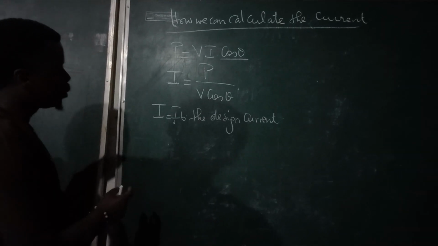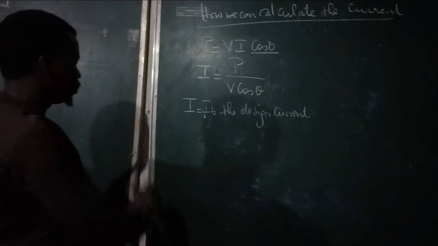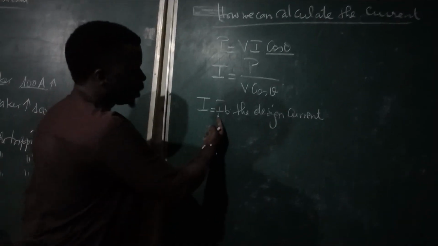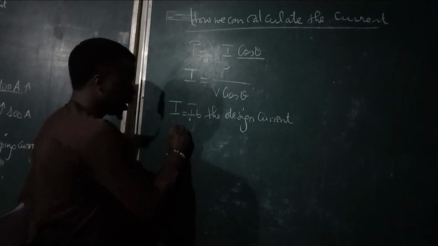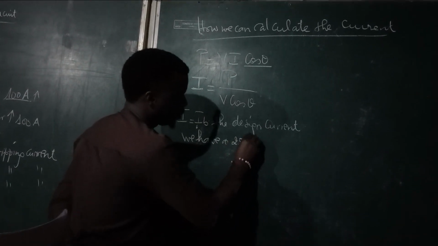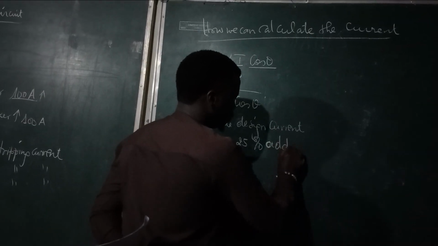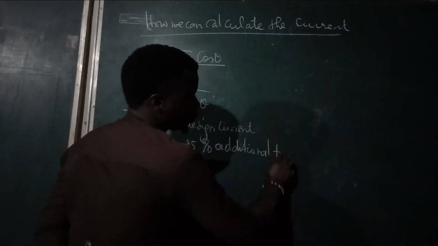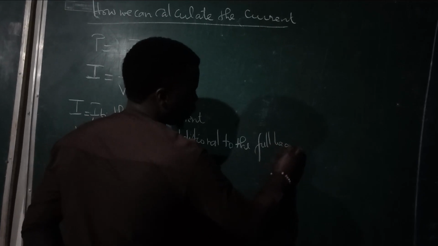So that's why, for the current breaking capacity of the protection device, as we have seen, we have a tolerance where we say we have a 25% additional to the full load current.